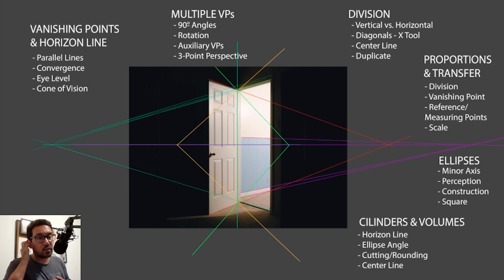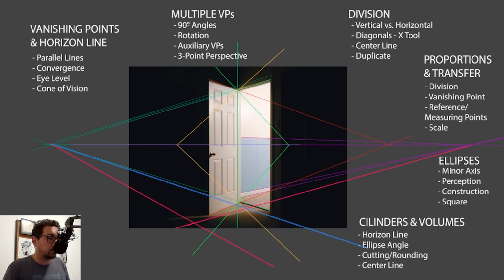Auxiliary vanishing points, I'm not going to go too deep here, but if we did have a door that is on the floor here, using this same, let me use both vanishing points actually. I'm going to use this one for this side and here, as well as here, and then close that.